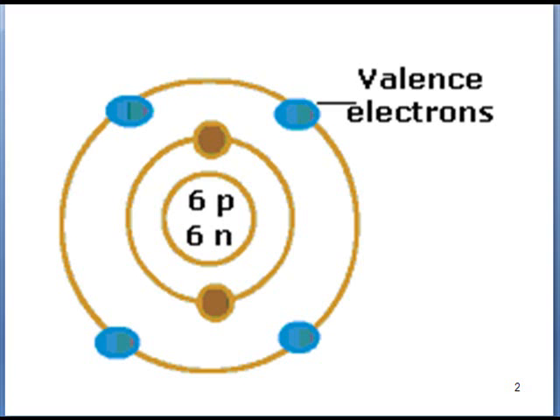Now, the idea of a valence shell is extremely important in chemistry. The valence shell or valence electrons are the outermost ones. And they're so important because when atoms interact with other atoms around it, that interaction involves the outermost shell. And the reason why is the inner ones, in this case carbon has 2 of them, these are called the core electrons.